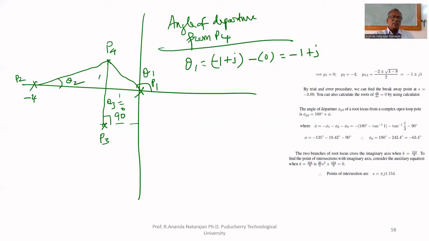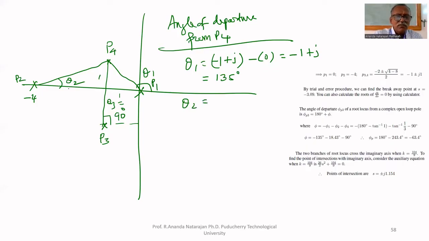Therefore, this is 45, and 180 minus 45 is 135. Got? Calculator. So, 135 degree.